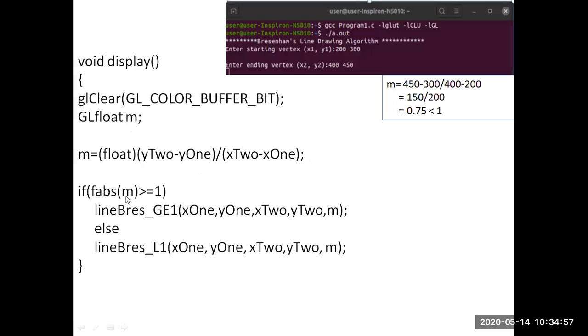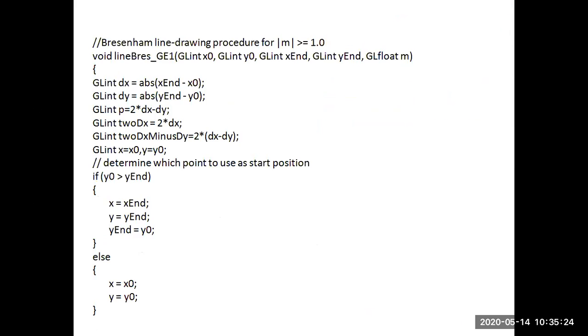So in the display function, based on the slope value, we have two user-defined functions, the line Bresenham function. What I discussed so far was for the case when m is less than 1, since according to the user input, suppose it is 0.75, the m value is less than 1. Similarly, if the slope value is greater than or equal to 1, we have the same line Bresenham function, which is implemented here for the case when the slope value is greater than or equal to 1.